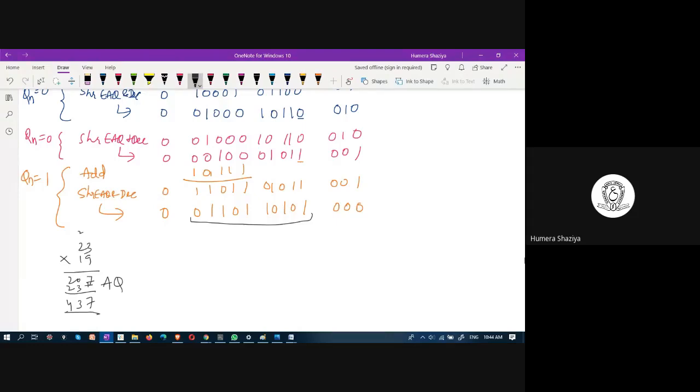Let us see whether we got 437 in this. It is 0, 1, 1, 0, 1, 1, 0, 1, 0, 1. This is the final product in AQ. Convert this into decimal. This is 1, 2, 4, 8, 16, 32, 64, 128, 256, 512. Now 512 is 0.